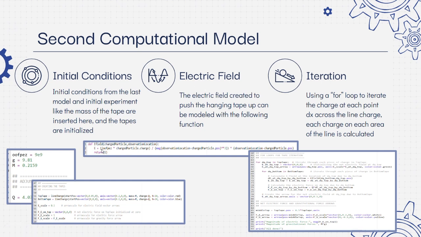This time, I actually use the def function to make E field its own defined function. And then this time we used a for loop to iterate that charge at each point, each point dx across the line, so infinitesimally small, but in this case it's just n small, 1 over n, and calculate the electric field at that point.